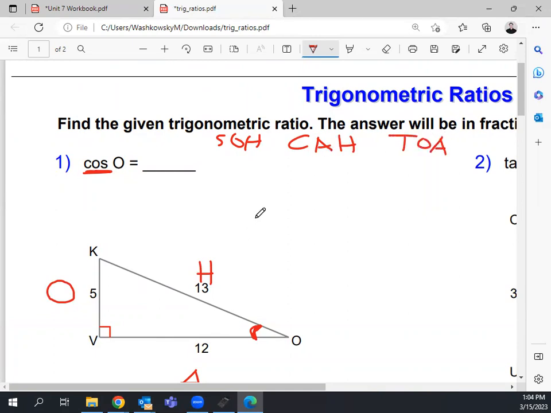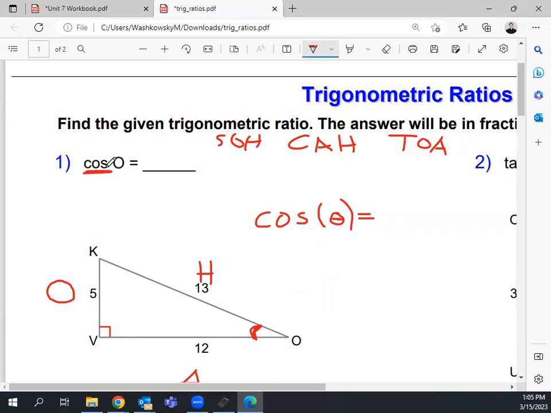If you're dealing with cosine, it's the cosine of, do you remember what this thing's called? Theta. Yeah, theta. That's the fancy Greek thing. That's the angle. So it just tells us to do cos right now.